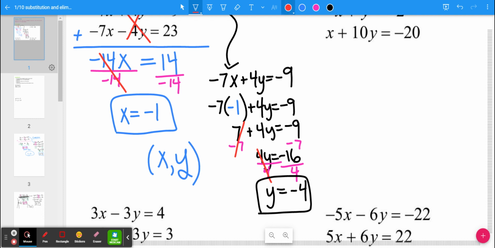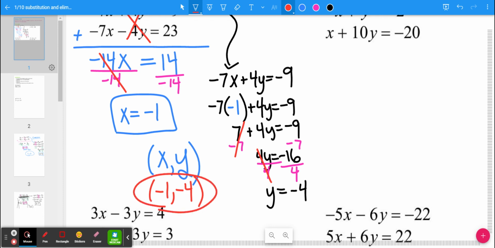Now I will take this negative 1 and plug it in for x, and I will take the negative 4 and plug it in for y. So this is my final answer, my xy coordinate.